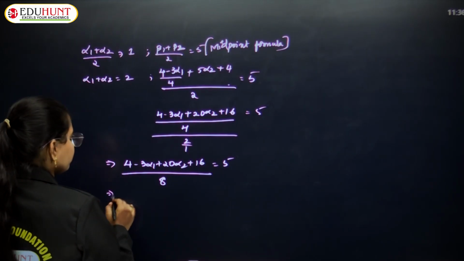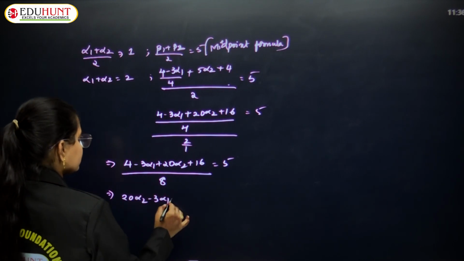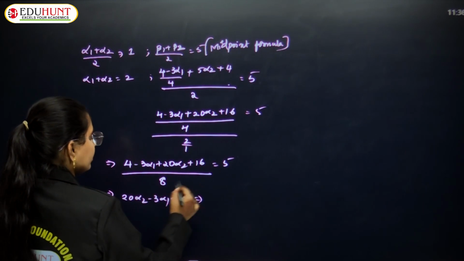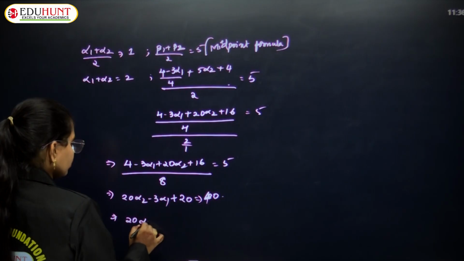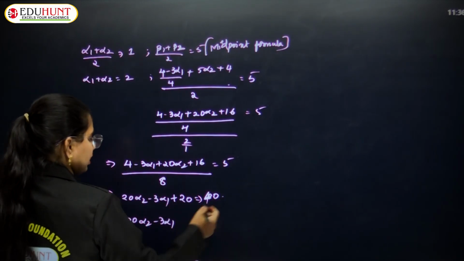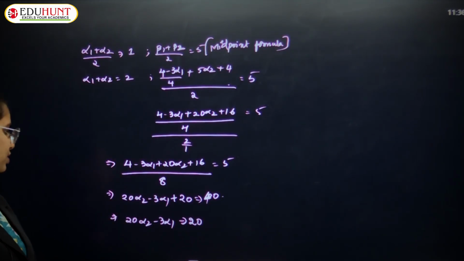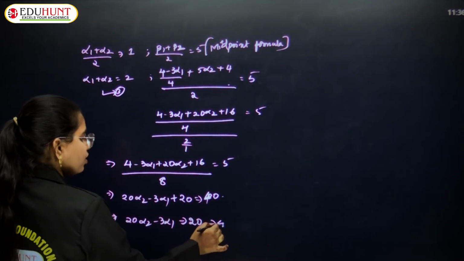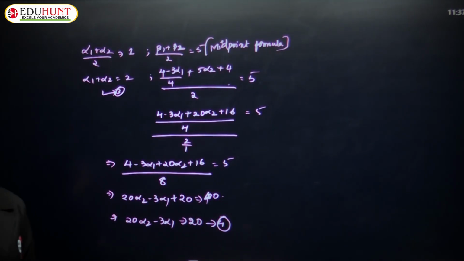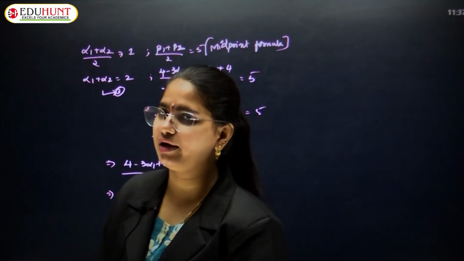So 20 alpha 2 minus 3 alpha 1, 4 plus 16 is 20, 5 times 8 is 40. Transferring this 20 to that side, it becomes 40 minus 20, which is plus 20. Please have a glance. Let this be equation number 3 and let this be equation number 4. Please observe up to this. If you have any doubts, please ask me. Am I clear? So let us solve the values of alpha 1 and alpha 2.